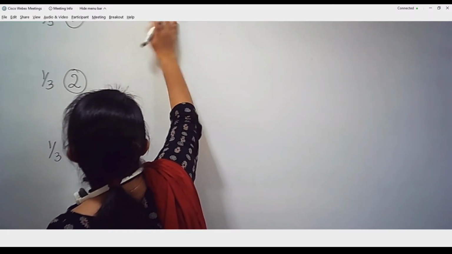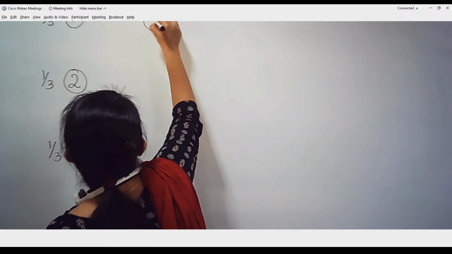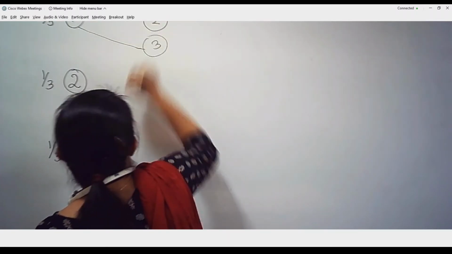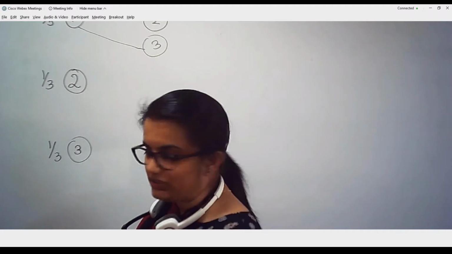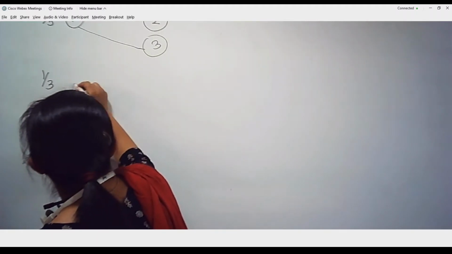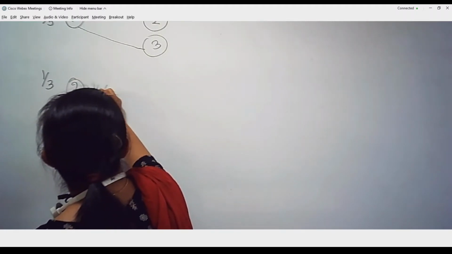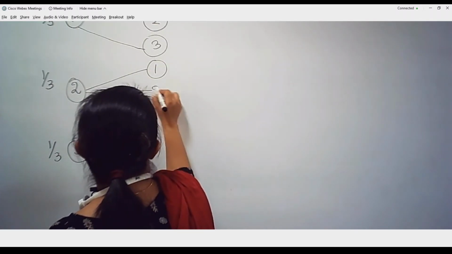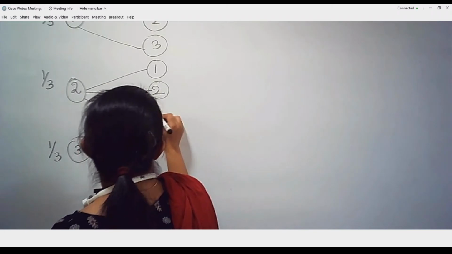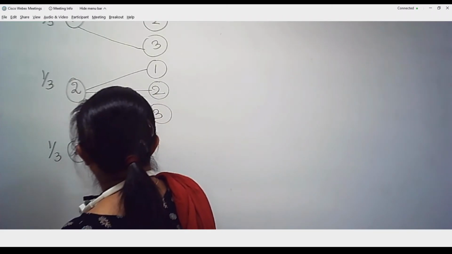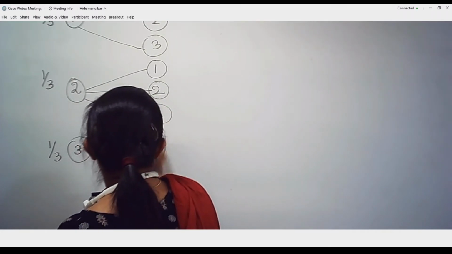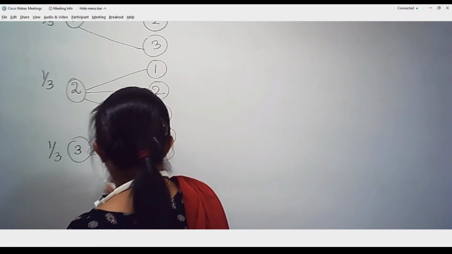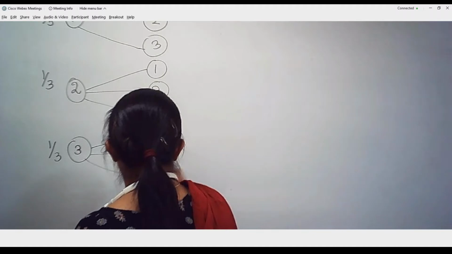I can move from 1 to 2, that is the second possibility, and I can move from 1 to 3, this is the third possibility. Then from state 2, I can move to state 1, or I can be at state 2, or I can go to state 3. And from 3, I can go to state 1, state 2, or state 3.